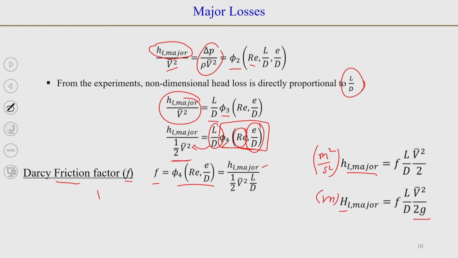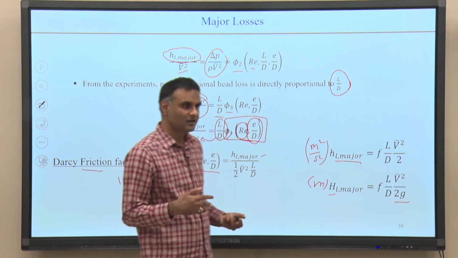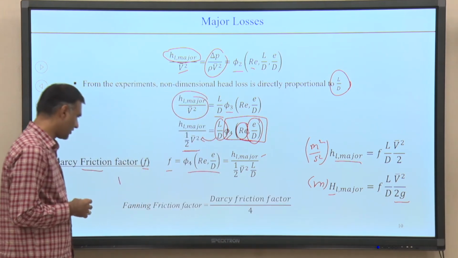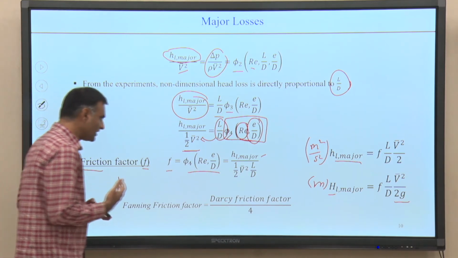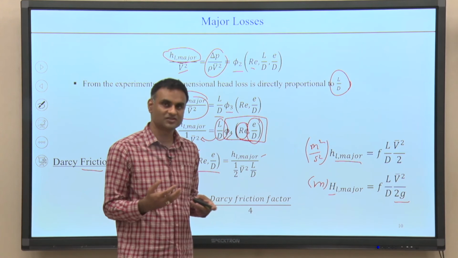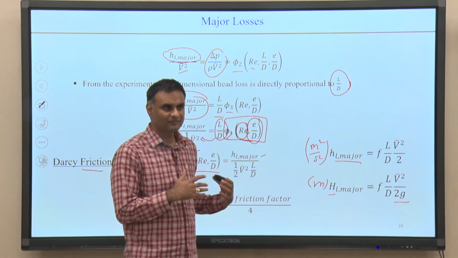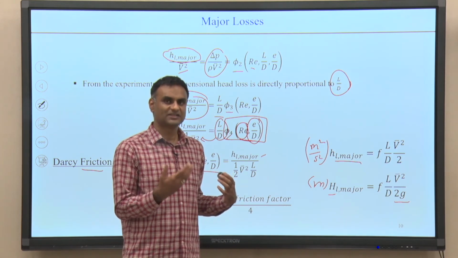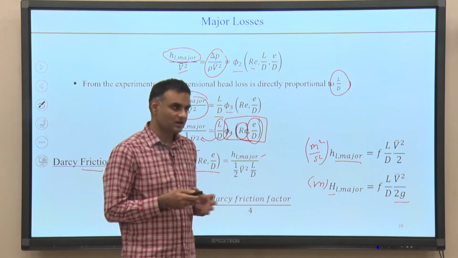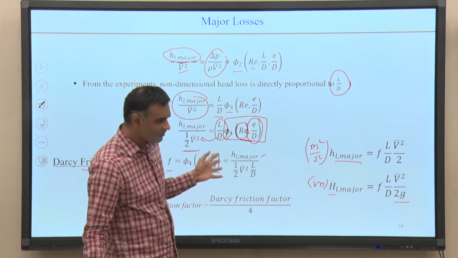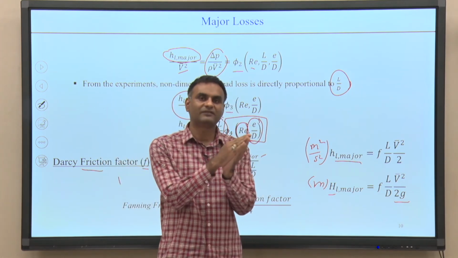Now, there is another friction factor that is defined, which is called Fanning friction factor, and it is just 1/4 of Darcy friction factor. The commonly used friction factor we have is Darcy friction factor, but every time we need to be careful that the friction factor that has been given is Darcy friction factor or Fanning friction factor.